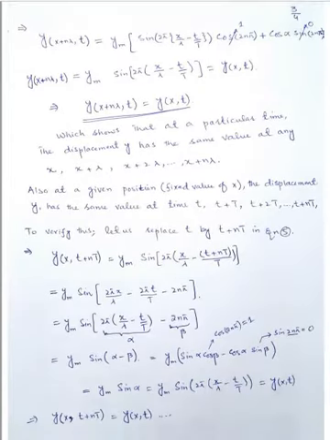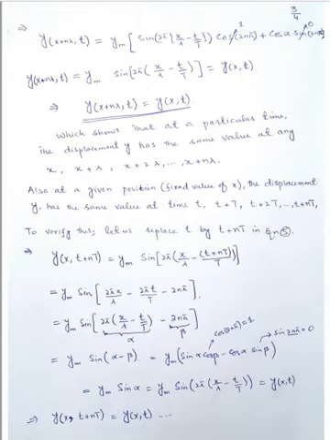this one: y(x + nλ, t) is equal to ym sine of 2π into (x/λ minus t/T) into cos of this. So finally we get y is equal to ym sine of 2π/λ into (x minus vt), or 2π into (x/λ minus t/T), which is the same as for y(x, t).